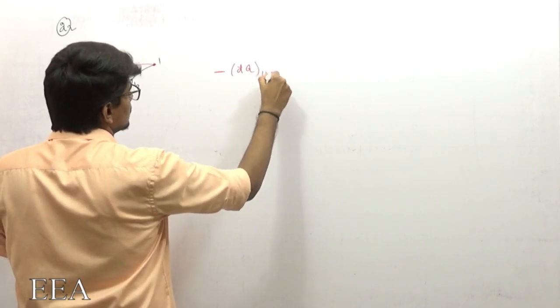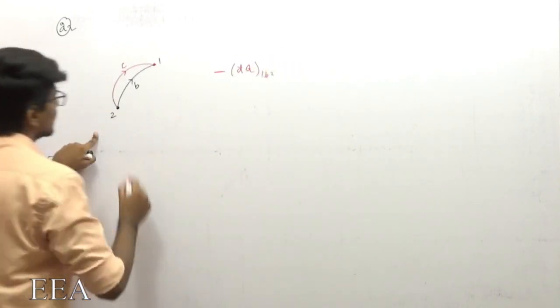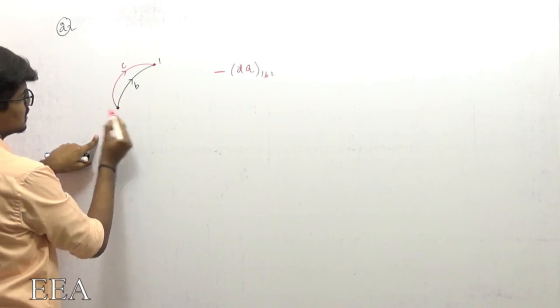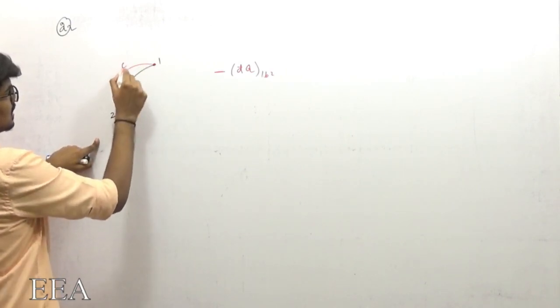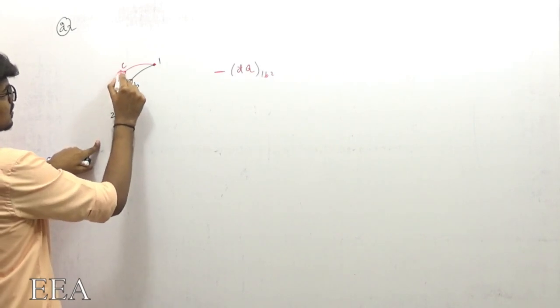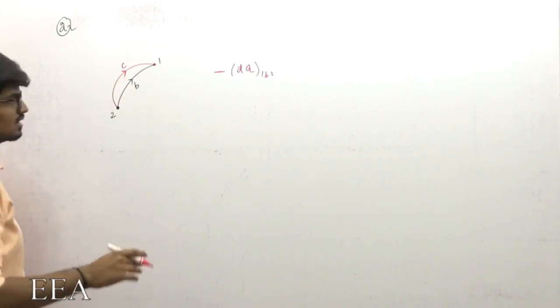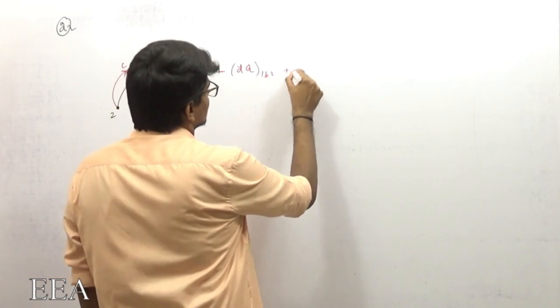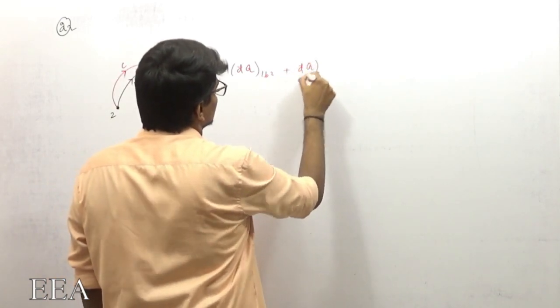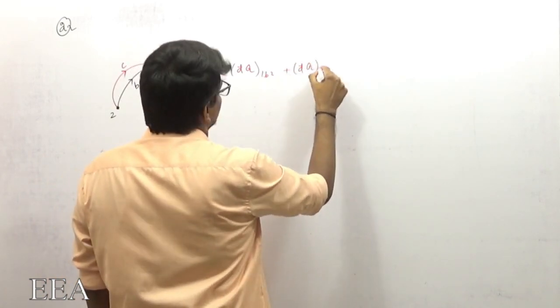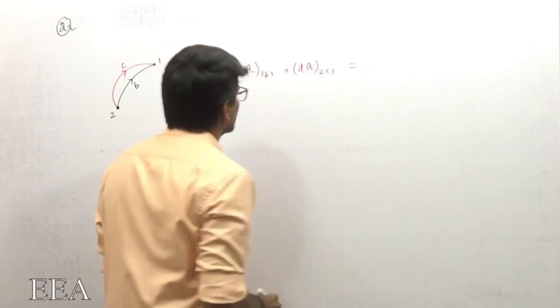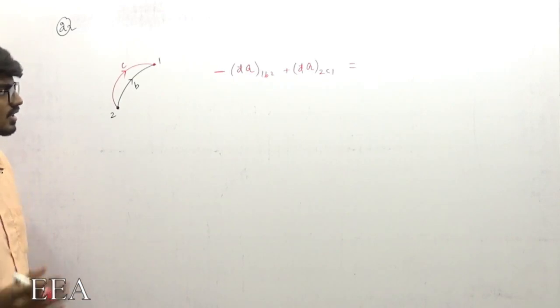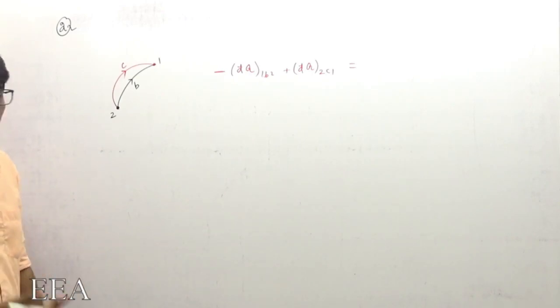1b2. Now from here I reached this point. Now from 2 to 1 again, the arrow mark and the way in which I am traveling are the same direction, so plus d dash q of 2c1, which is going to be equal to, you know that the summation of heat transfer will be equal to the summation of work transfer, right?